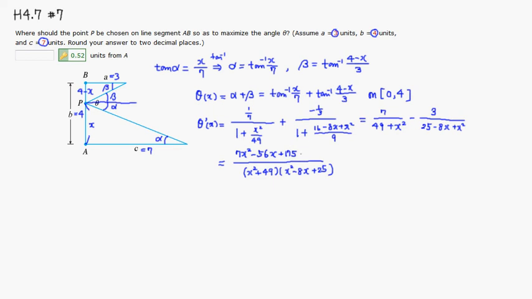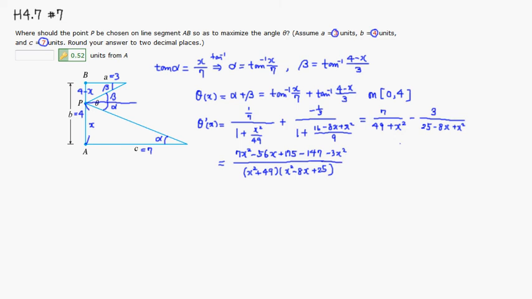And a minus, so you have 3 times 49, which is 147. And then minus 3 times x squared, so it's a negative 3x squared.